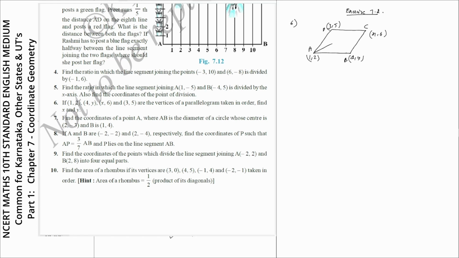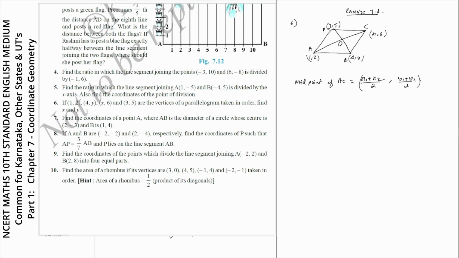In a parallelogram the diagonals bisect each other. So let the point of intersection be O. Now O is the midpoint of BD, and also O is the midpoint of AC. Midpoint of AC is equal to, what is the midpoint formula? x1 plus x2 by 2 and y1 plus y2 by 2.